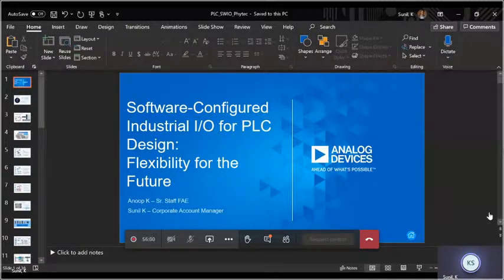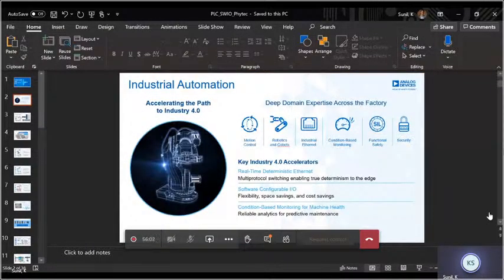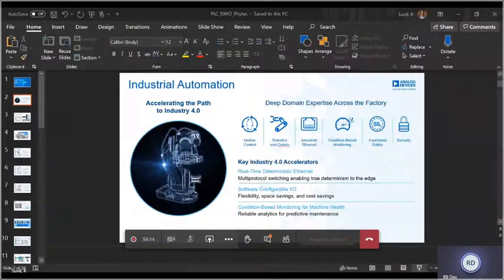Is my slide moving? Yes, sir, your slide is moving. Can you make it full screen? Okay, just hold on. Is that better? Not yet. Make it full screen.